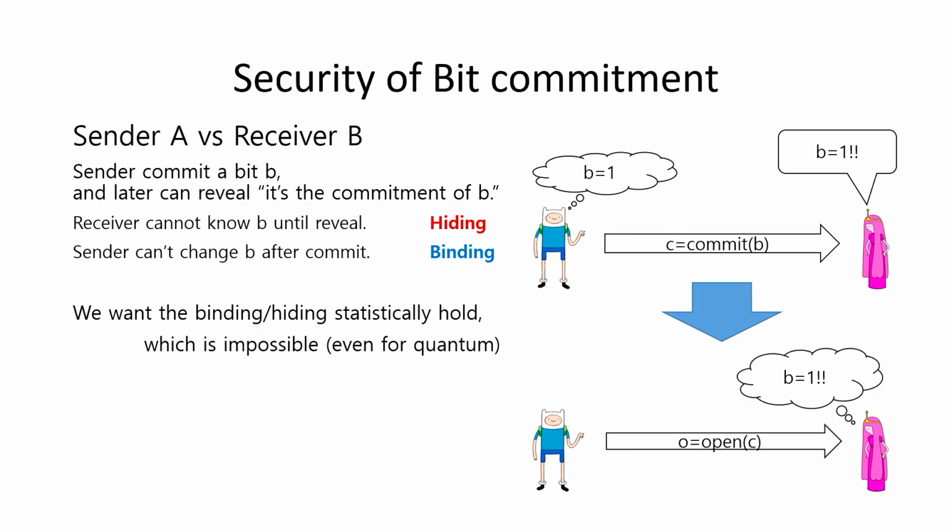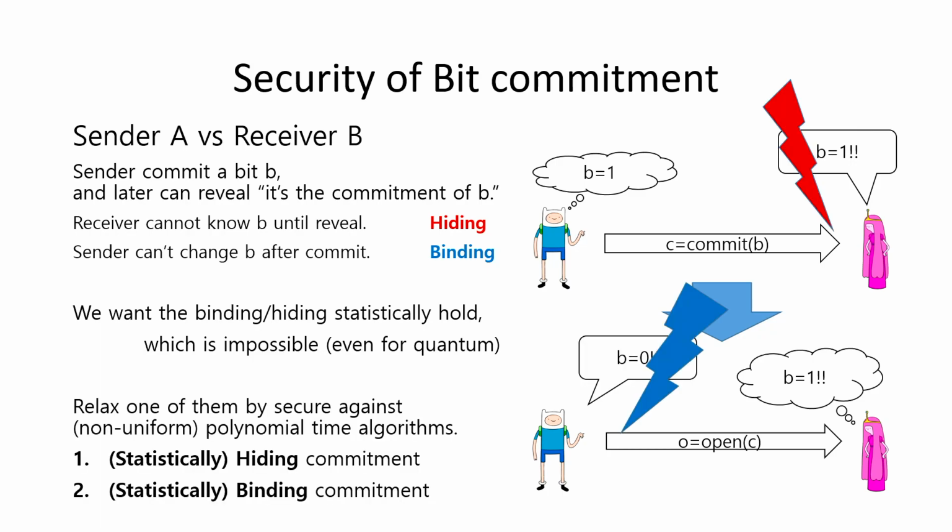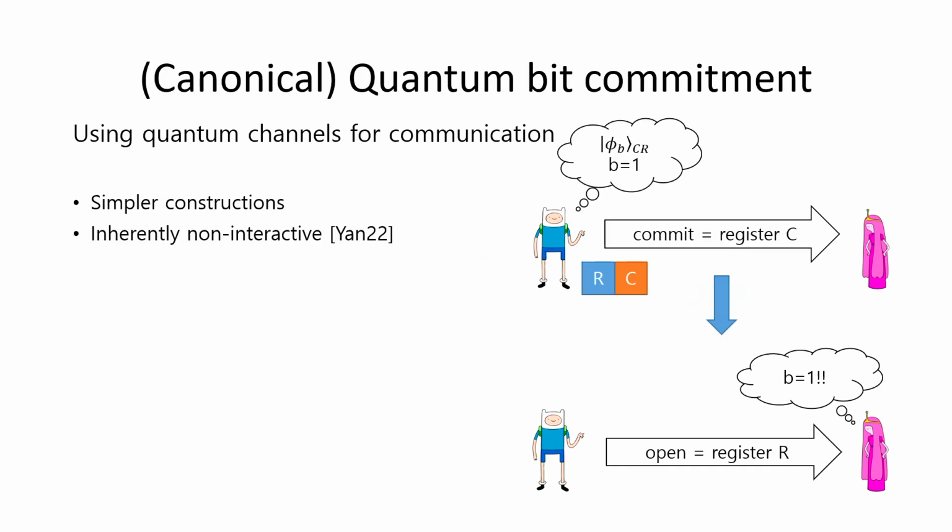Essentially we want both to be statistical, but it is shown that having both statistical is impossible, even in the quantum world. So in cryptography, we usually relax one of them. There are two kinds of commitments: statistical hiding with computational binding, and computational hiding with statistical binding.